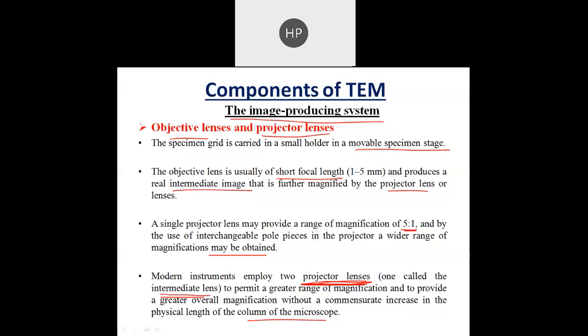Why TEM? Generally, why do we use the TEM? Because we require a large magnification of a very small part, and when we have a very small part and we require its image, we require a large magnification, and that large magnification is provided by the projector lens.